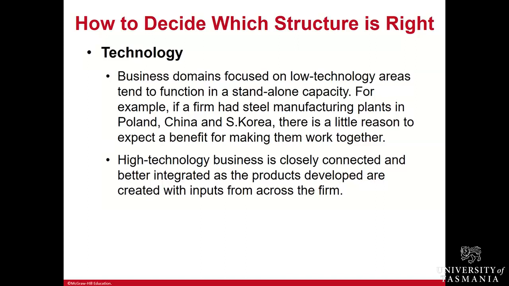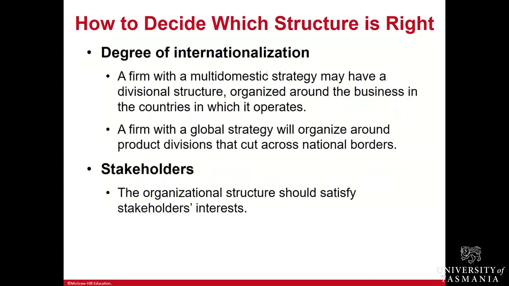You can imagine these can benefit from a geographical divisional model, because they are not sharing the technology within these manufacturing lines. But if the technology is shared, or if the international business is related to high technology business, then it's better to keep each unit closely connected to each other.